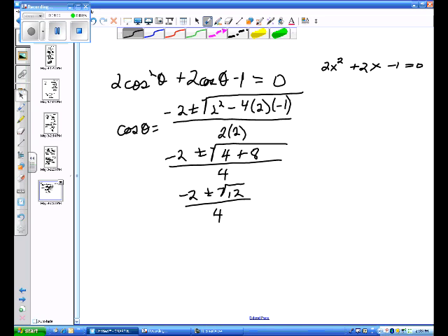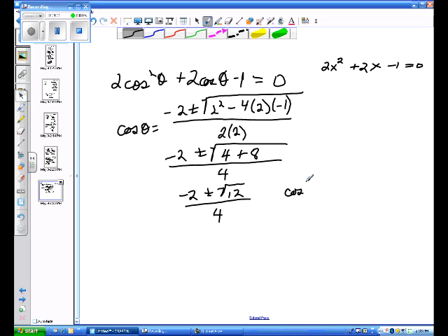Now back in algebra we learned to simplify that. We simplified our radical here, and we dealt with it in that way. We don't really need to do that here because we're going to have to use our calculator anyhow. We're going to be looking for an angle.